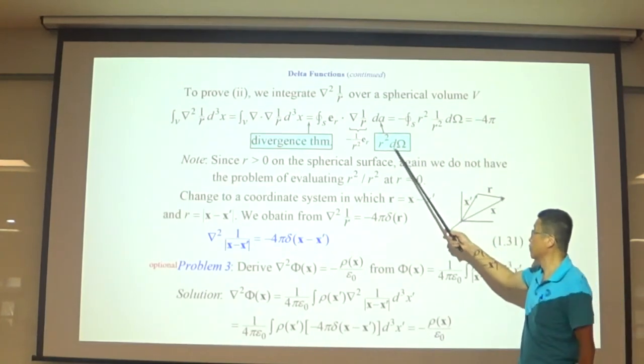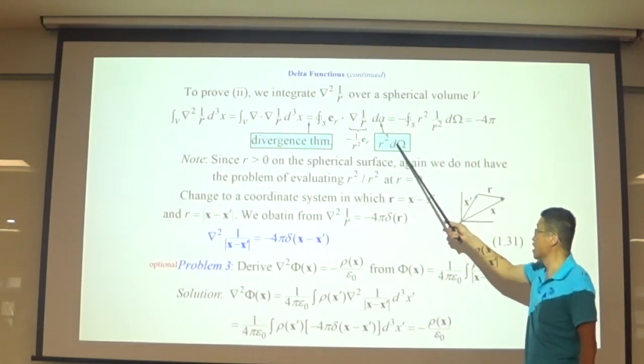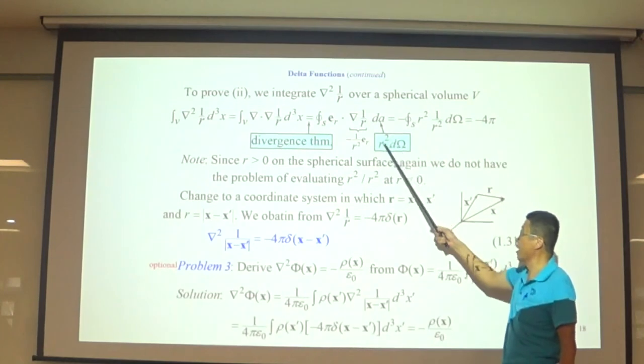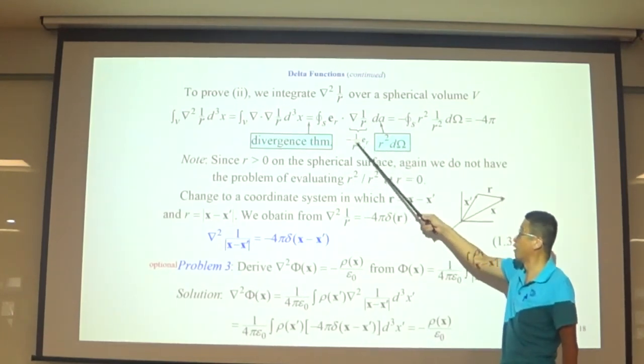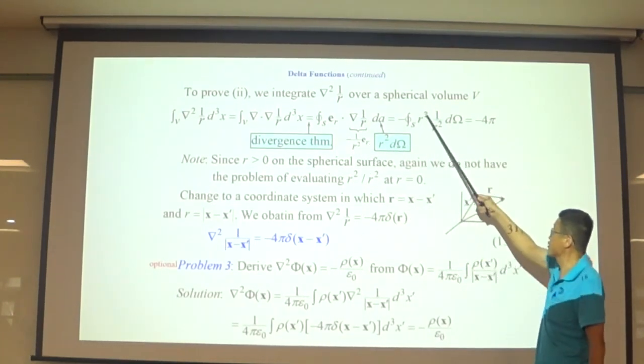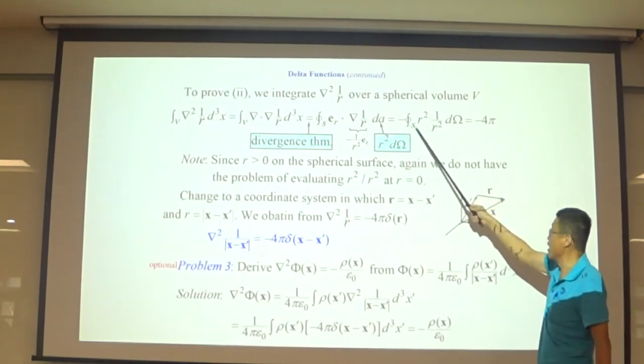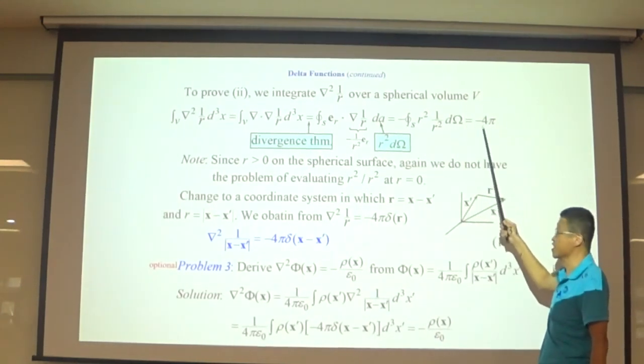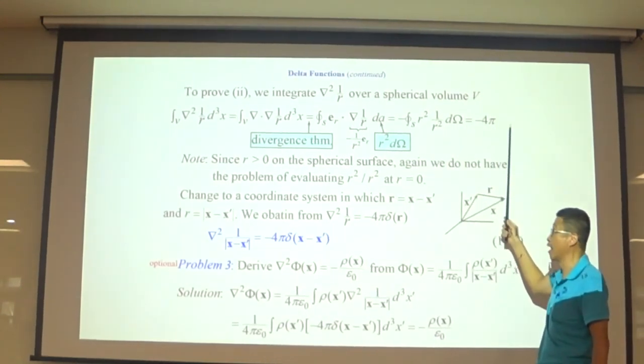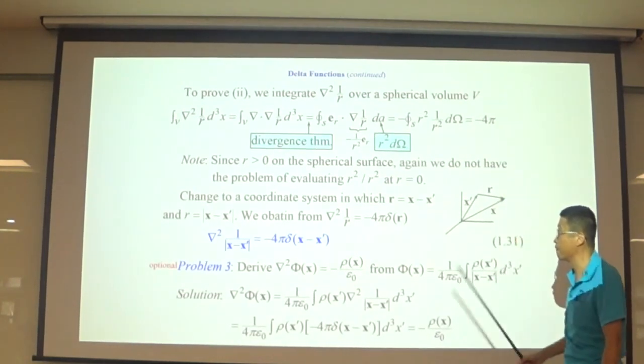Let's start with the angles. The r squared cancels with the r squared. Eventually, we get minus 4 pi.